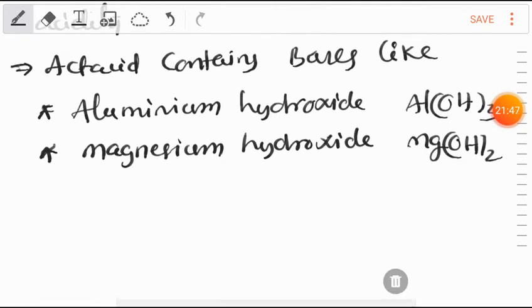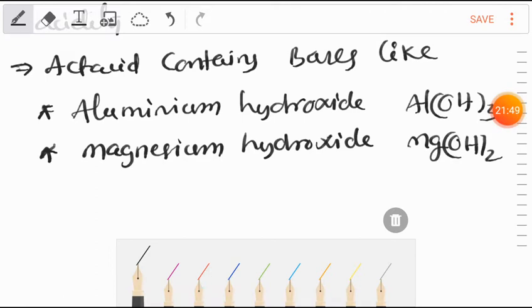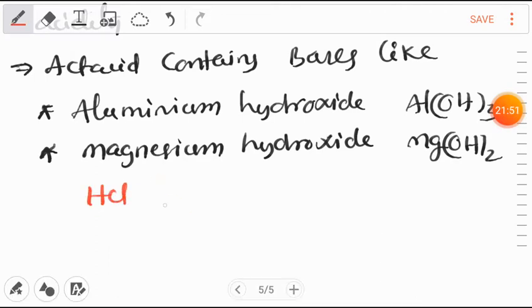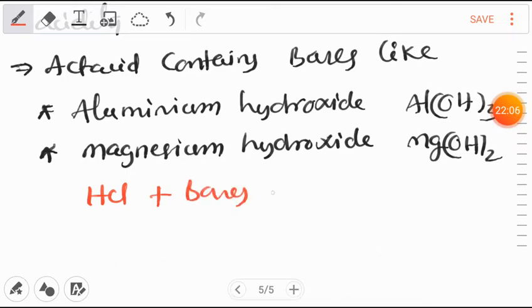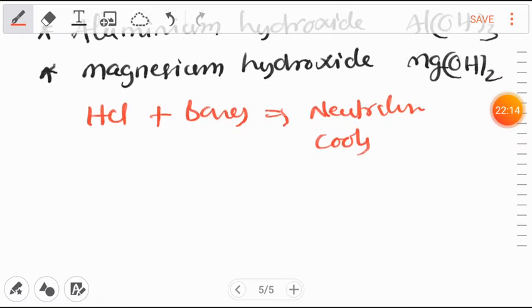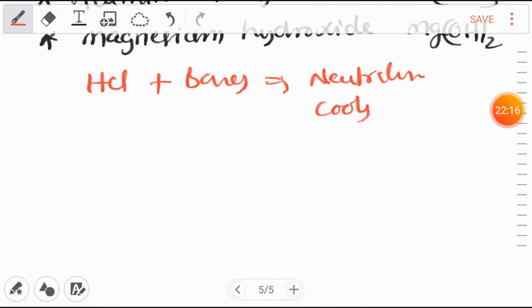Because in our stomach HCl, an acid, is released, so we use hydroxides. Those are the bases. So neutralization takes place, in the sense, the stomach cools. This is one of the questions.